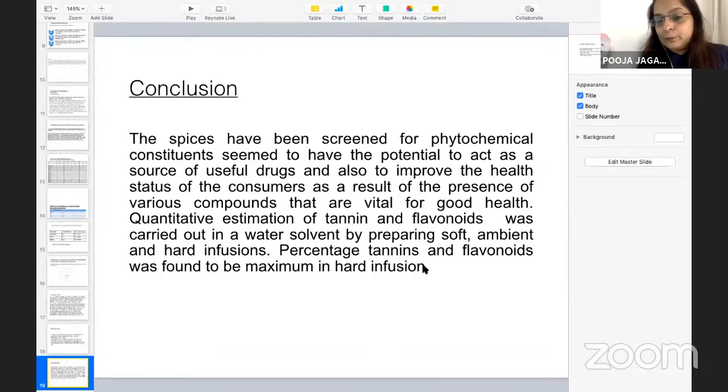So we are again making our infusion more concentrated to check whether we might get antimicrobial activity, because we cook curcumin in water only. Because we use water, our main emphasis is to see everything with water as a solvent. Nice work, ma'am. All the best for the future. Thank you so much, ma'am.